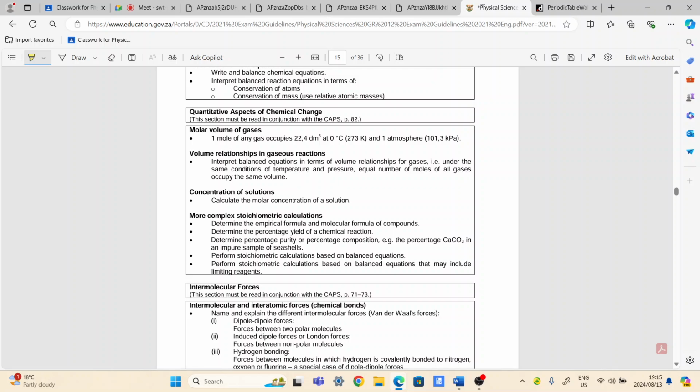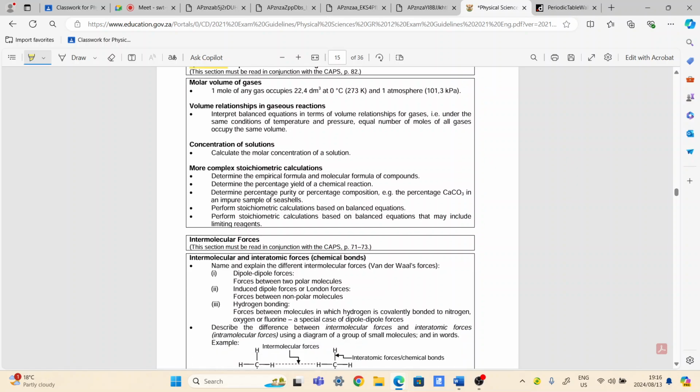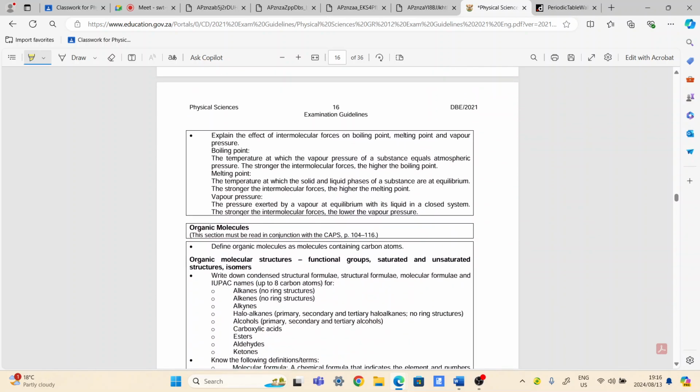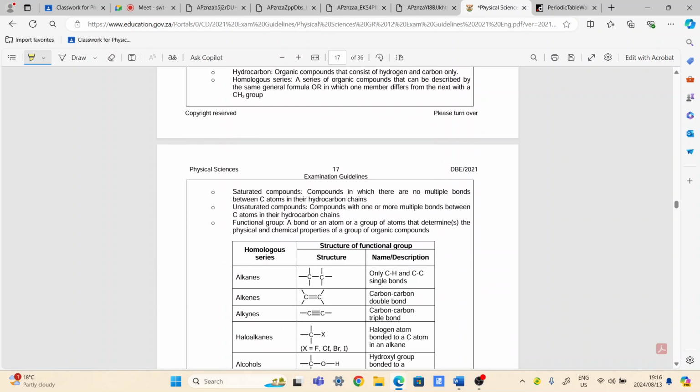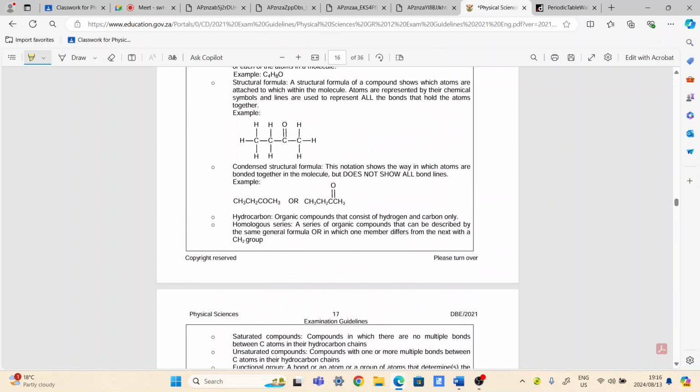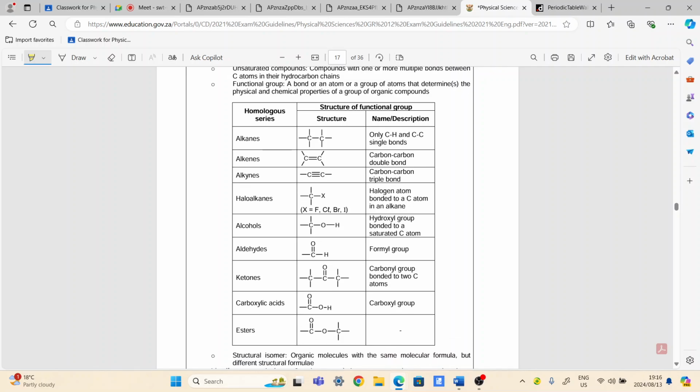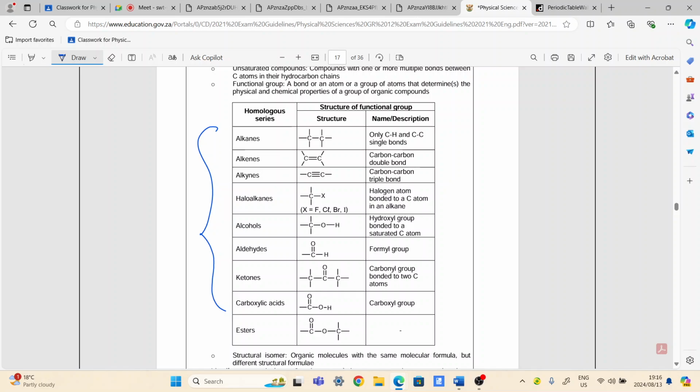There's quantitative aspects of chemistry, which is mainly the calculations here. Intermolecular forces, organic molecules. One thing I must say, it's important to know this table when it comes to chemistry, right? I need you to know basically this table.